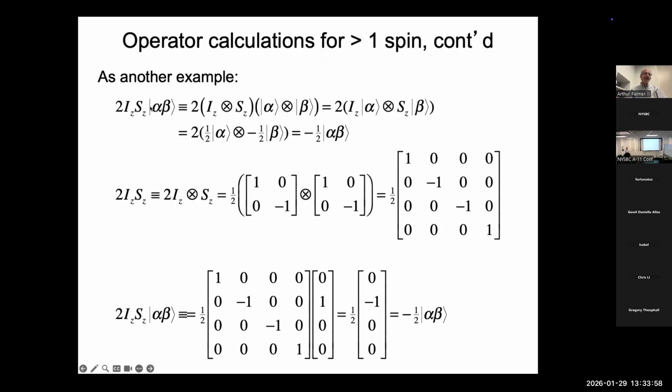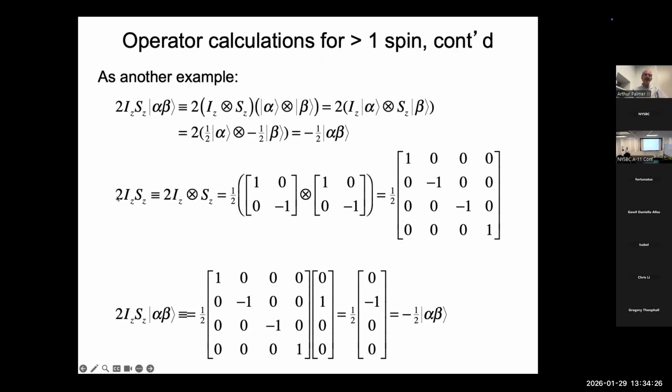So here's another example. Here's this operator that we said must be there, even though we've never seen it before. And again, if I want to know how it acts on the alpha beta state, I can take the full matrix, multiply it by the alpha beta state, and find out that I get back -1/2 of the alpha beta state.